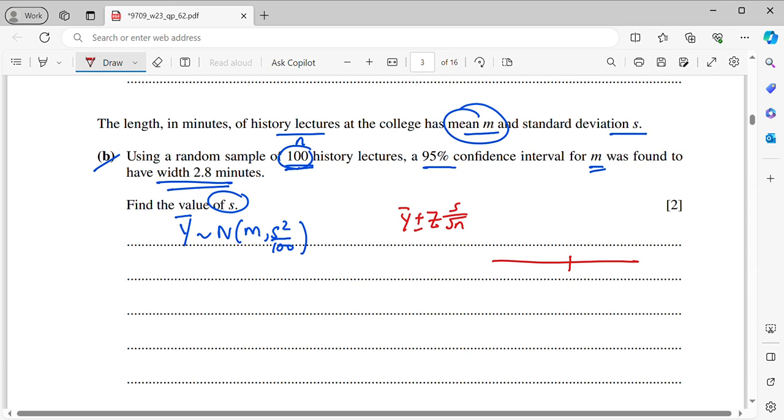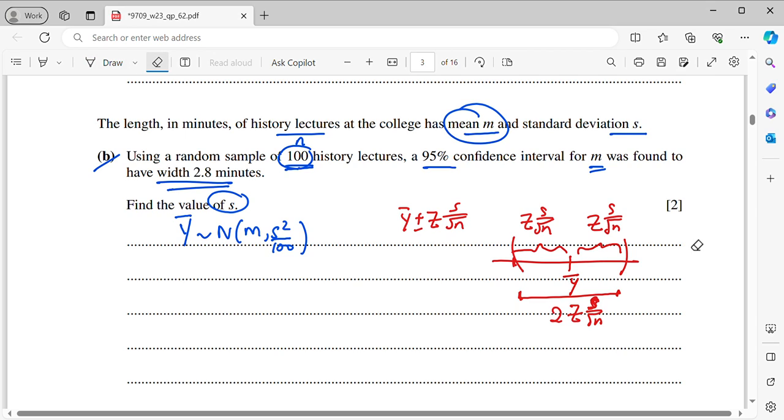So this is y bar, here is z s over square root n, and this is the width. I mean the width from the y bar will be z s over square root n. So now the width for the confidence interval will be double of z s over square root n in this question.